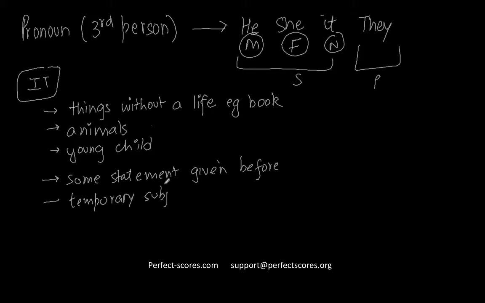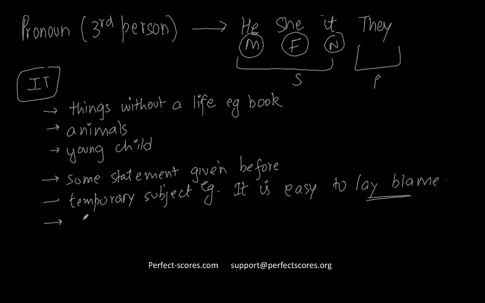Now for this, I'll give you an example over here. It is easy to lay blame. So you see, the actual subject is this, laying blame. But we've used the pronoun beforehand. It is easy to lay blame. So it is a temporary subject coming before the actual, the real noun.